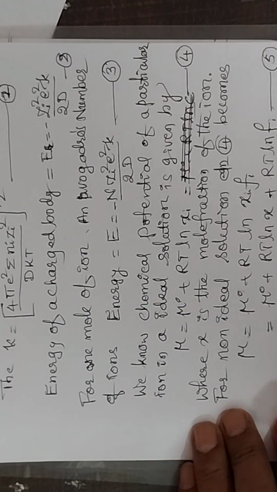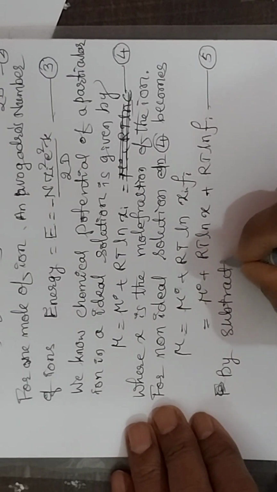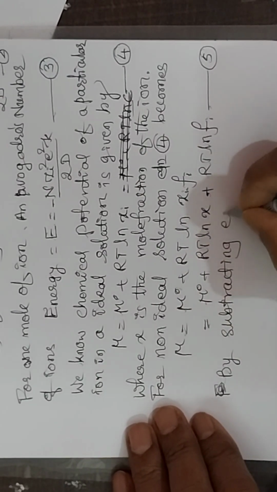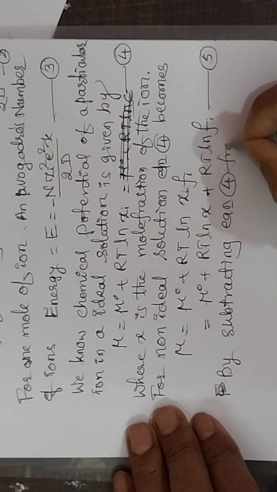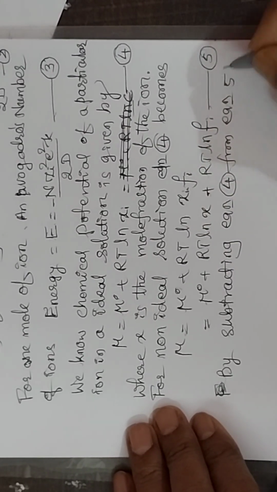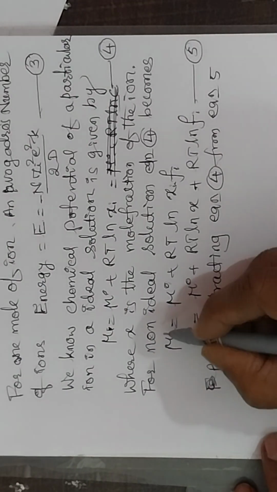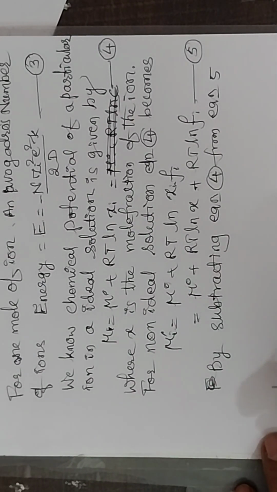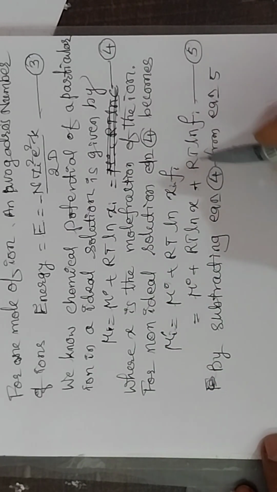By subtracting equation 4 from equation 5, we get mu i and mu i dash. This is for the ideal solution and this is for the real solution.